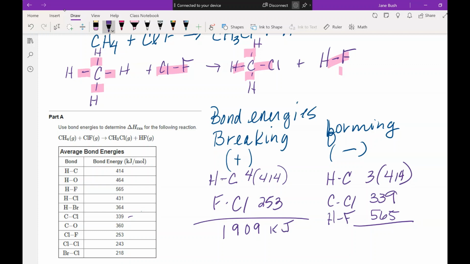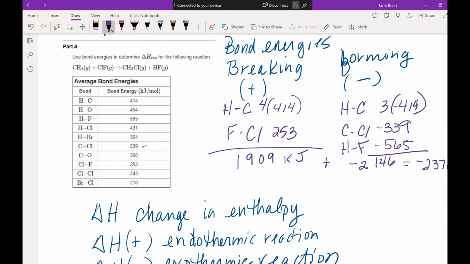So we add those guys up. And we come up with 2146. But remember, these are all bonds that are forming, so these are all negative numbers. So now we add our bonds that are breaking to our bonds that are forming. So 1909 minus 2146 is equal to negative 237 kilojoules, right? Did I do that right? All right.